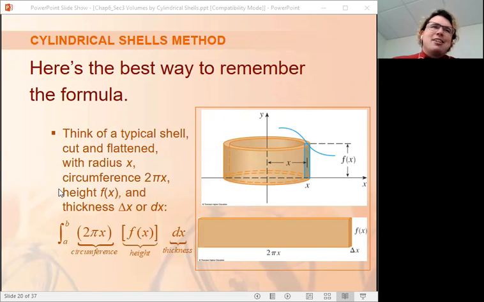It's not exactly right. But if the original cylinder had a circumference of 2 pi x, I'm expecting my unrolled version to be 2 pi x units wide. Well, the height is going to stay the height, and the thickness is going to stay the thickness. So it still looks as though my volume is 2 pi x times f of x times delta x.